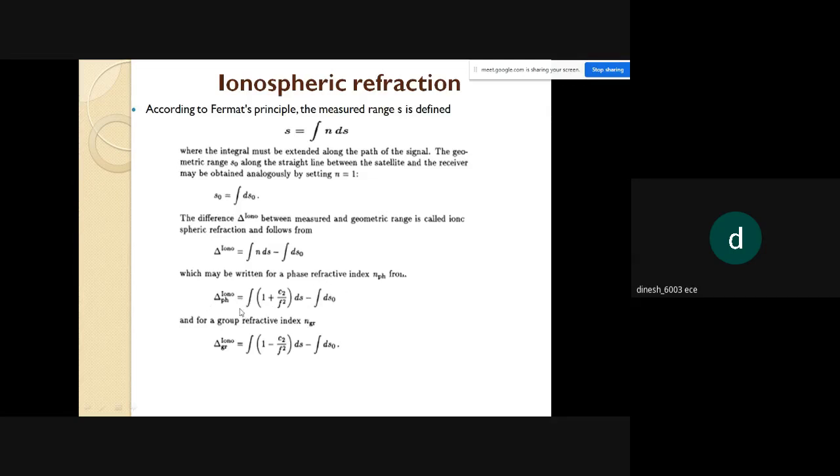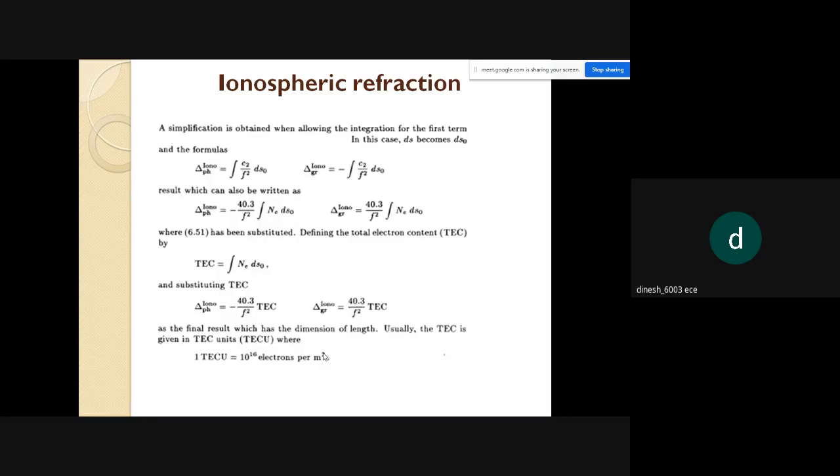So for phase refractive index n_ph, we can calculate this due to phase velocity, and due to group velocity we get a result of group refractive index n_gr, where n will become 1 minus c2 by f square. So integral of 1 minus c2 by f square into ds minus integral ds naught. This is the ionospheric refraction due to group velocity and due to phase velocity.